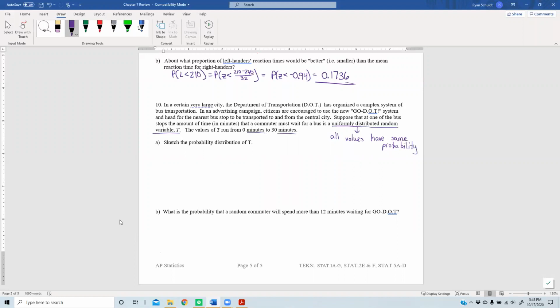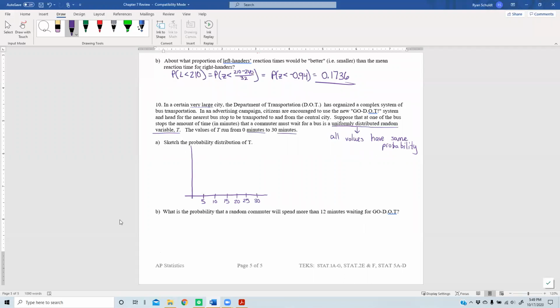So they want us to sketch the probability distribution of t. So I'm going to draw my axes here: 5, 10, 15, 20, 25, 30.